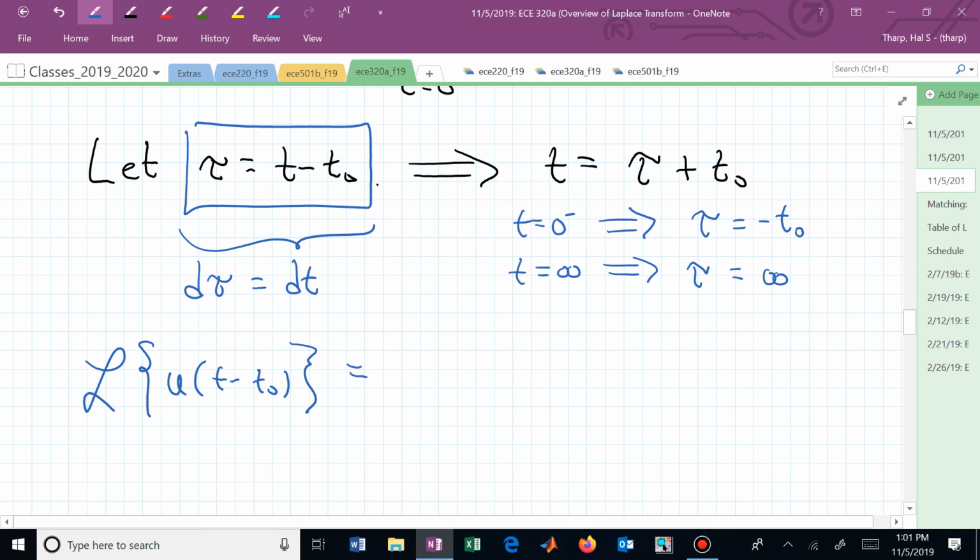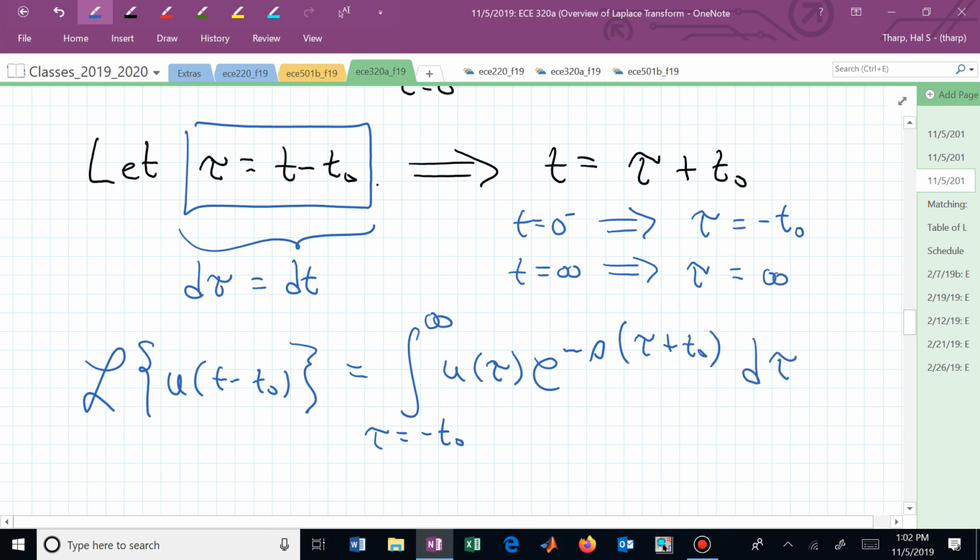That's this integral of u of tau. Now my limits of integration, I have tau is equal to minus t naught. This is infinity. E to the minus s, but now I need to replace little t with tau plus t naught, and then I'm again integrating with respect to d tau.